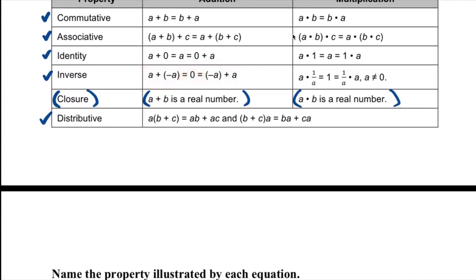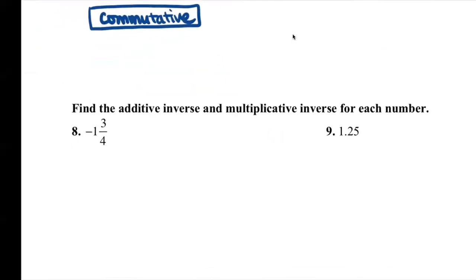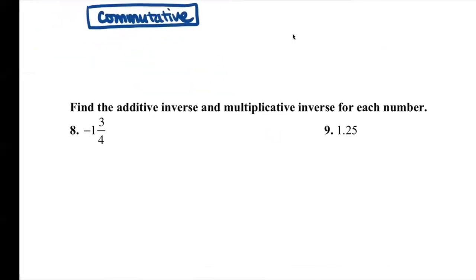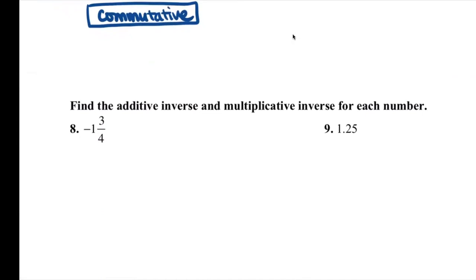As long as you have the opposite sign being added together, that's what makes it 0. 2 plus -2, 100 plus -100, -50 plus +50. So as long as the number is the same with opposite signs, that is the additive inverse. I would say it's pretty straightforward for the additive inverse.